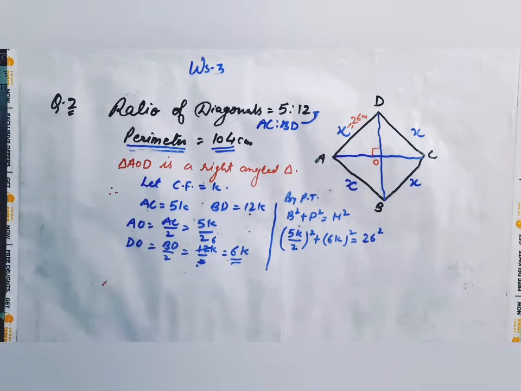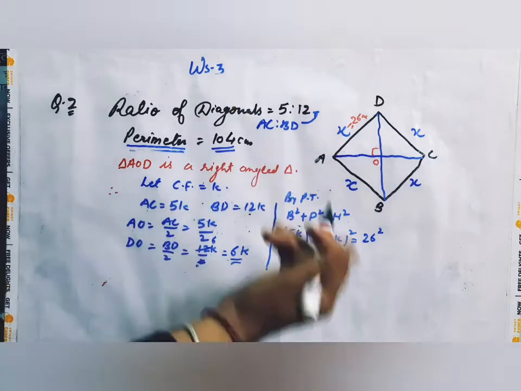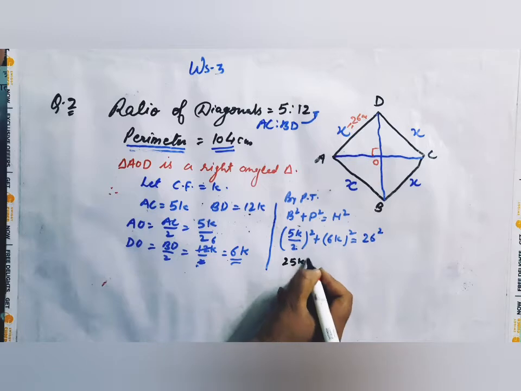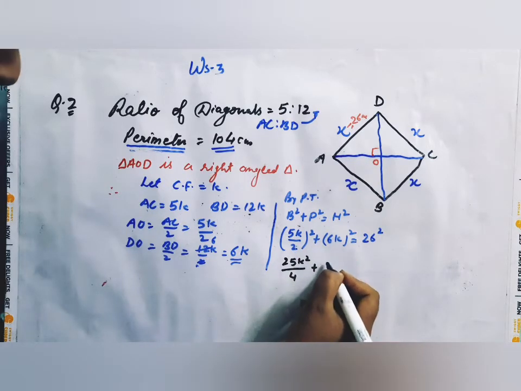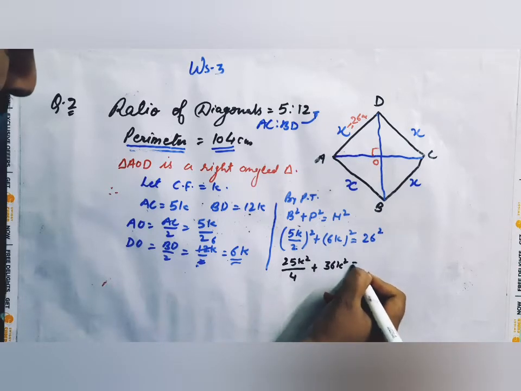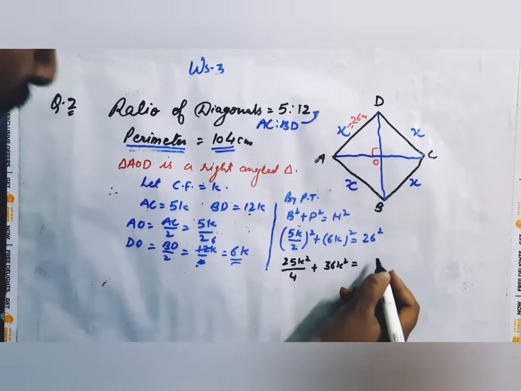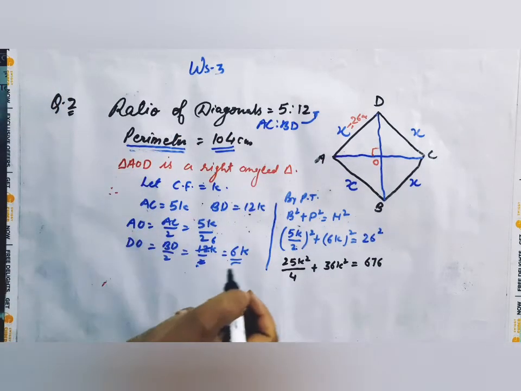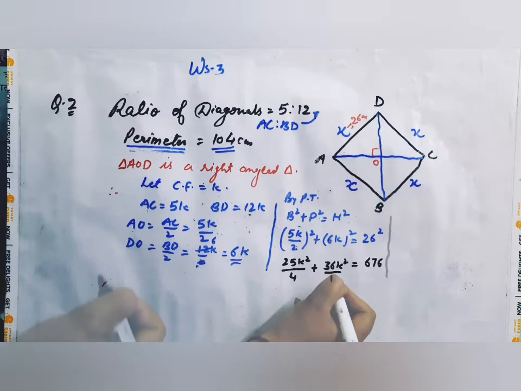Okay, then simplify it now. 5 fives are 25, K square upon 2 twos are 4, plus 6 sixes are 36K square equals 26 square, which is 676. Now simplify it. Take the LCM on the left hand side.